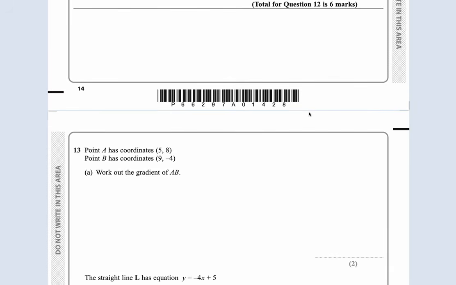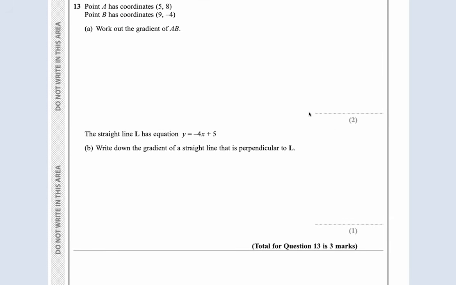Okay, next question, question 13. A is this, B is this, work out the gradient. Easy question for me, guys, because there's a formula. It's y2 minus y1 over x2 minus x1.